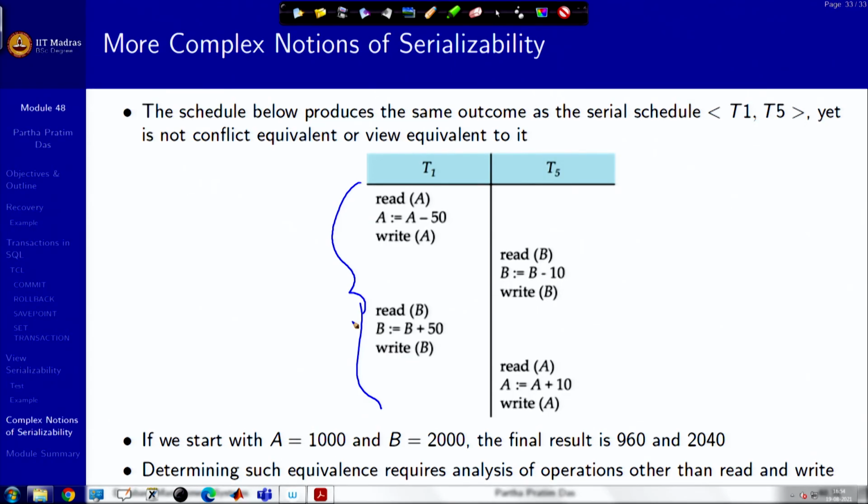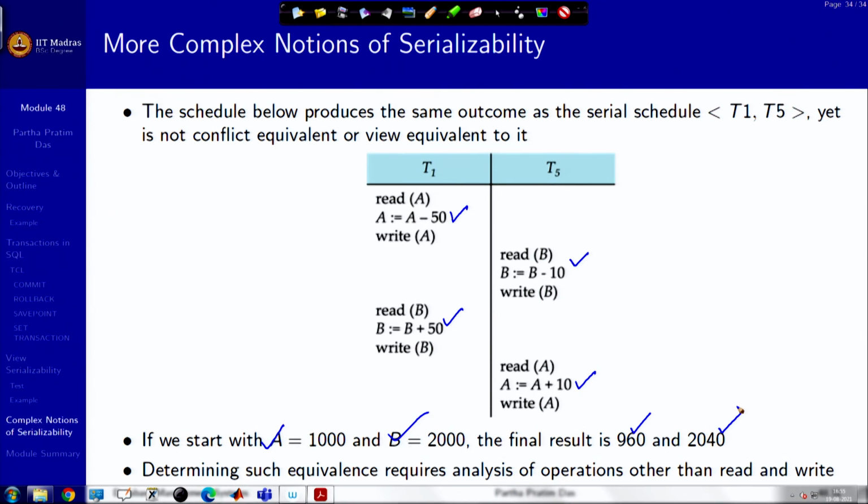But if you start with say 1000 in A and 2000 in B, this will become 950 and this will become 960. And if you start with B which is 2000, it is 1990 plus 50, this will become 1040. If you do them in serial order, actually you will also get the same thing. So, they are not view or conflict serializable, but they are serializable.